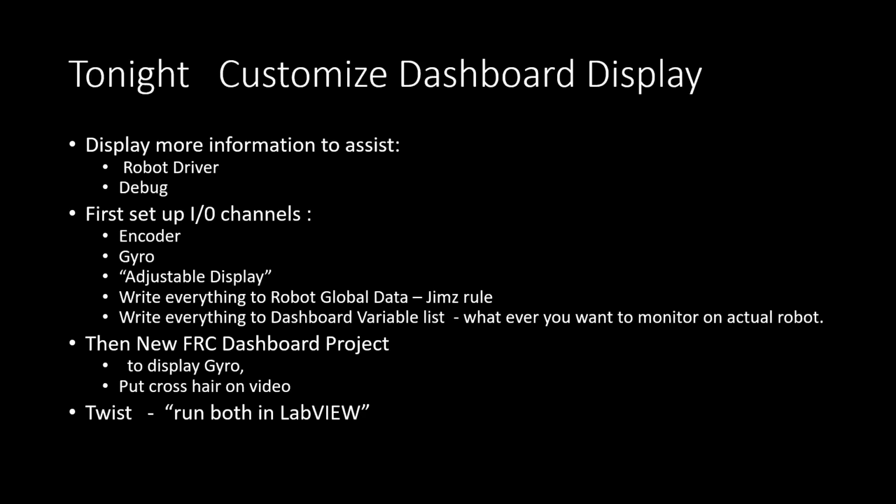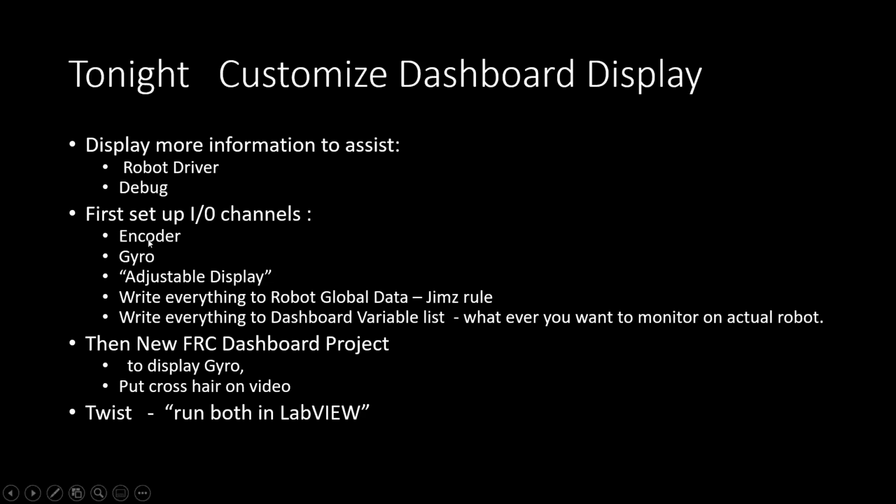Tonight we're going to customize the dashboard. I want to say a couple of words about sensors. My all-time favorite sensor is the encoder, and the second one is a gyro, because with these two elements you can pretty much do a dead reckoning command set for the robot and be within 10% of where you think it needs to be once you've been able to master the encoder control and the gyro.